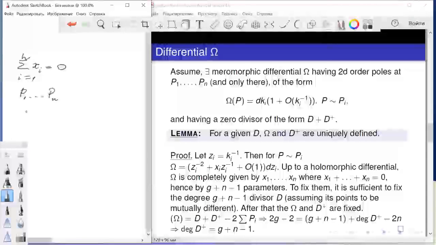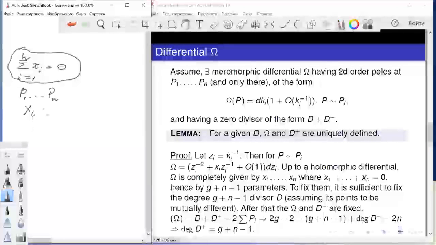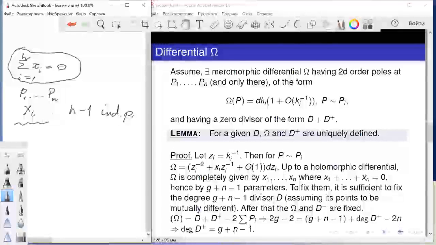And these principal parts in turn are completely given by the numbers x_i, which satisfy this condition. So there are n minus 1 independent parameters among them.